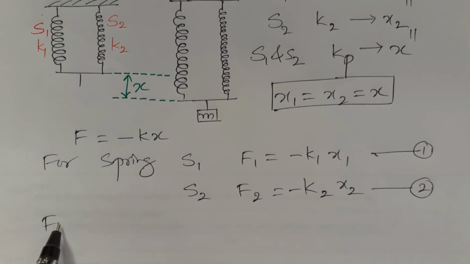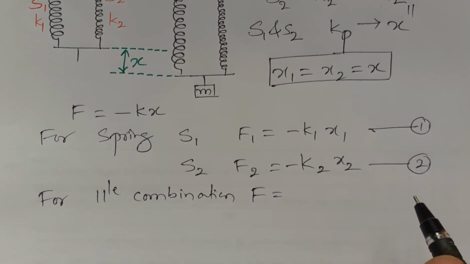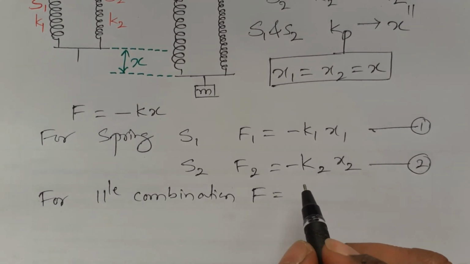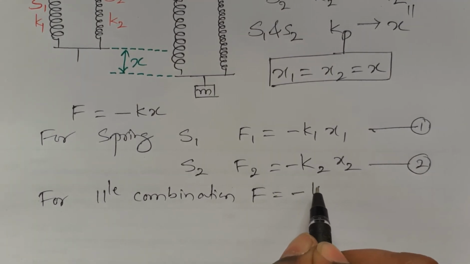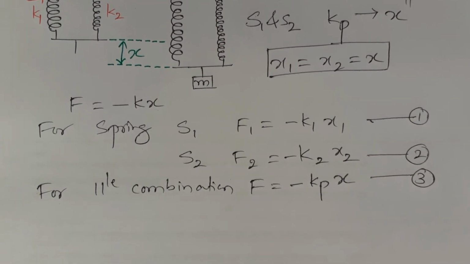For the parallel combination, say F, the total force, is equal to minus Kp x. Say this is equation number 3.